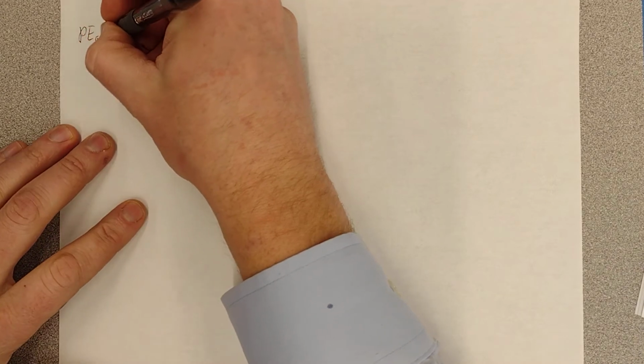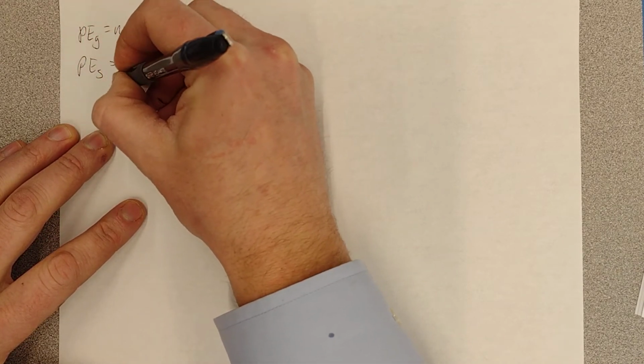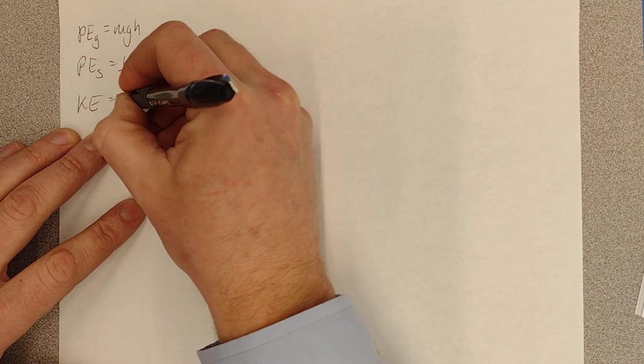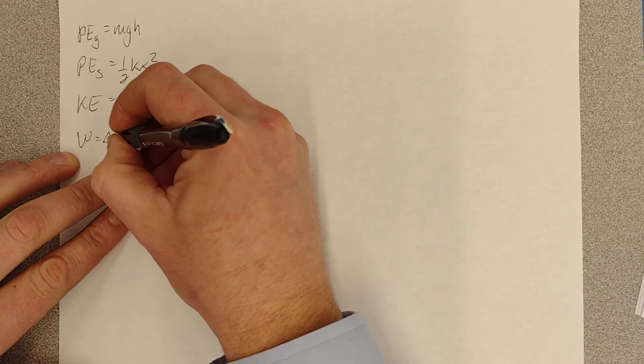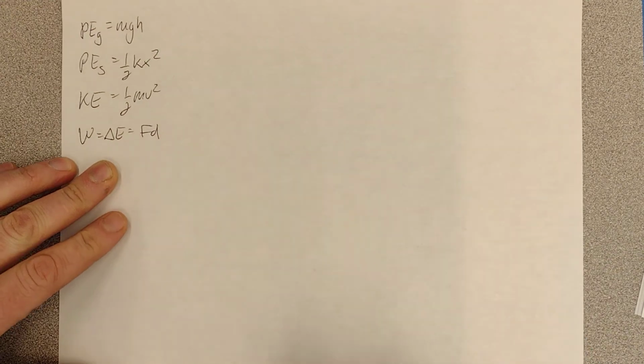PEG equals mgh. PES equals 1/2 kx squared. KE equals 1/2 mv squared. Work equals change in energy equals force times distance. And again, this could be applied to any of these.